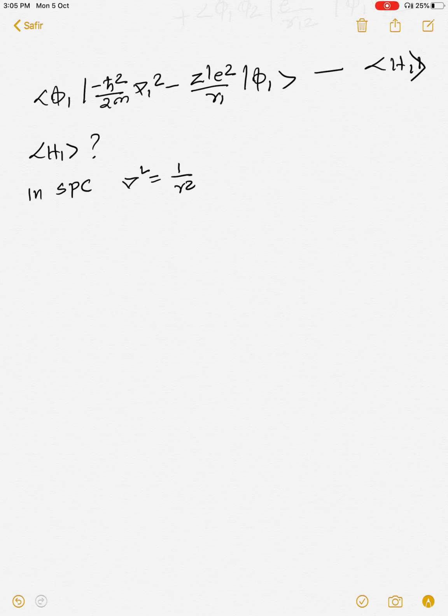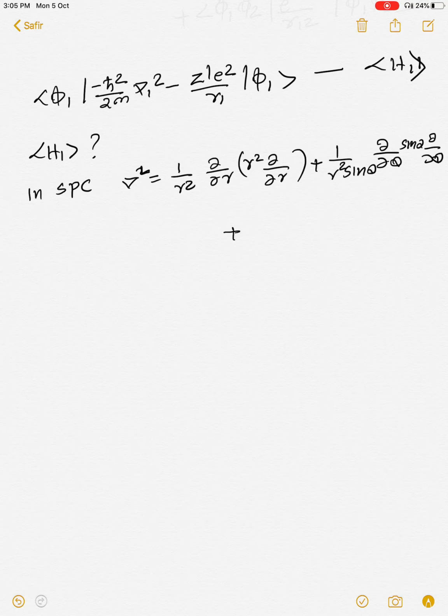It is 1 by r square dou by dou r, r square dou by dou r, plus 1 by r square sin theta dou by dou theta, sin theta dou by dou theta, plus 1 by r square sin square theta dou square by dou phi square. We already know the del square operator in spherical polar coordinates.